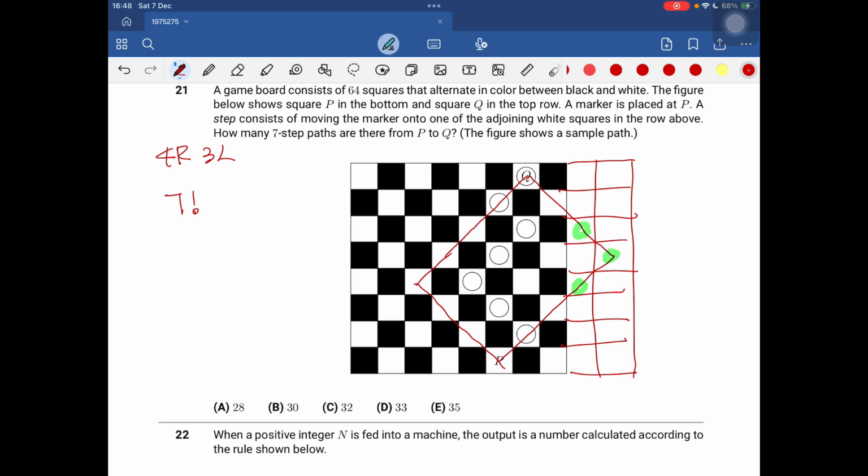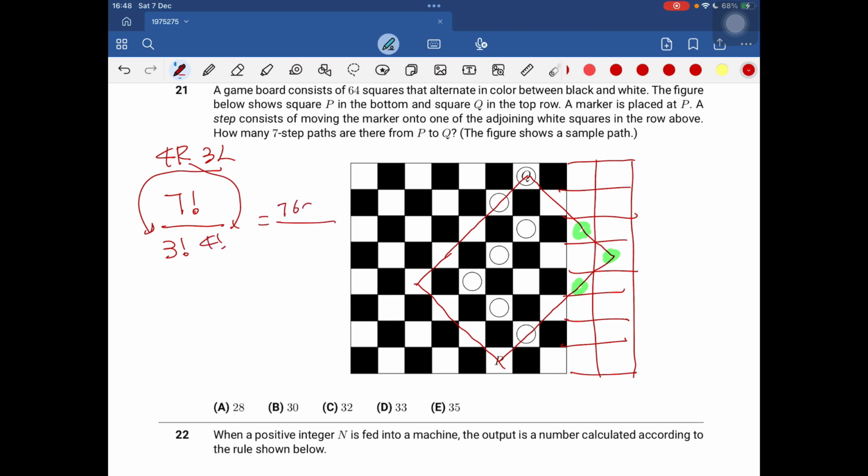So L1, L2, L3, L1, L3, L2, L2, L3, L1, all of them is considered as different cases. But we know those are not different in our case. So we need to make them all like the same case, like one case. So simply we can divide by 3 factorial for L and divide by 4 factorial for R.